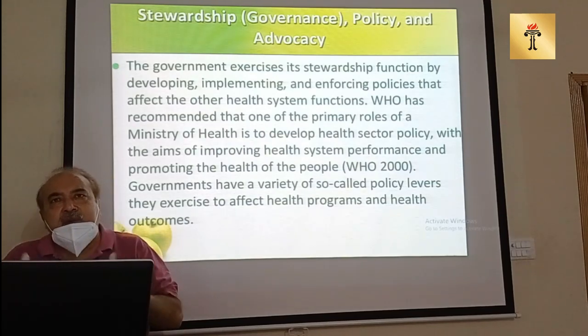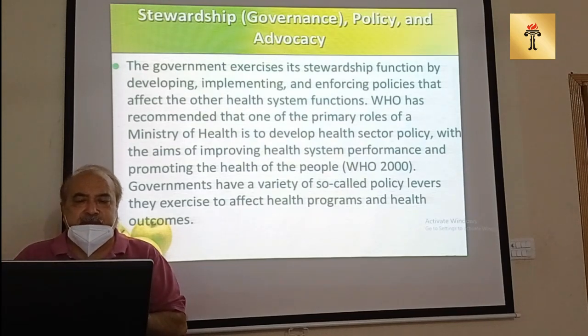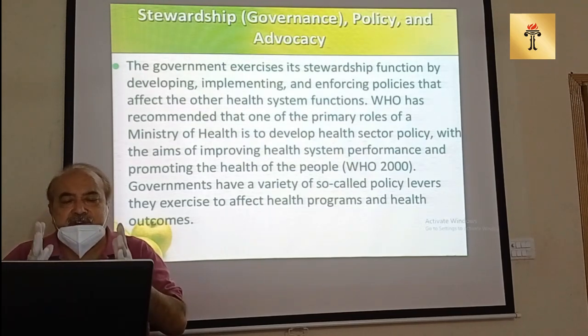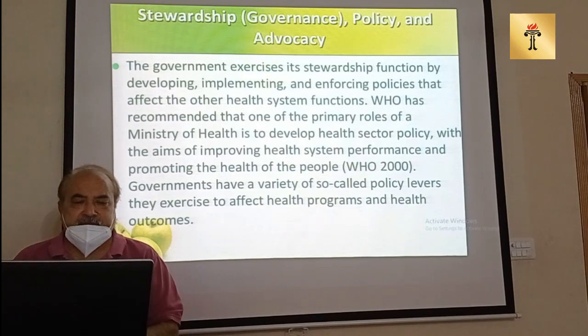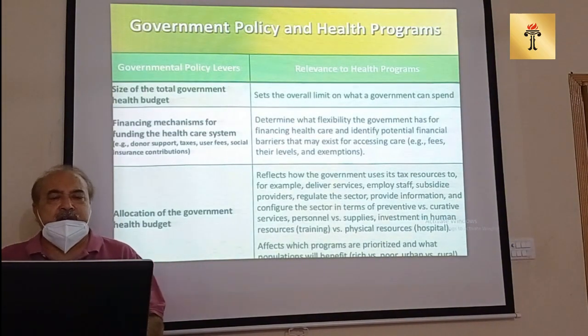And the aim of the health sector policy is to improve the health system performance and the promotion of health of the people. So all the governments have their own levers to exercise the effect on health programs and health outcomes.